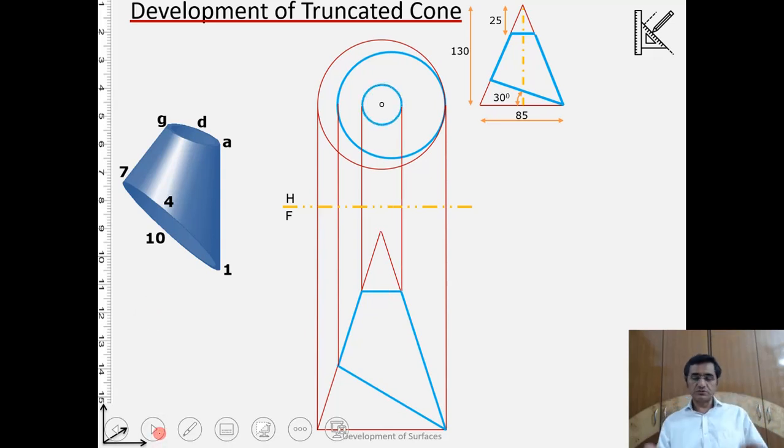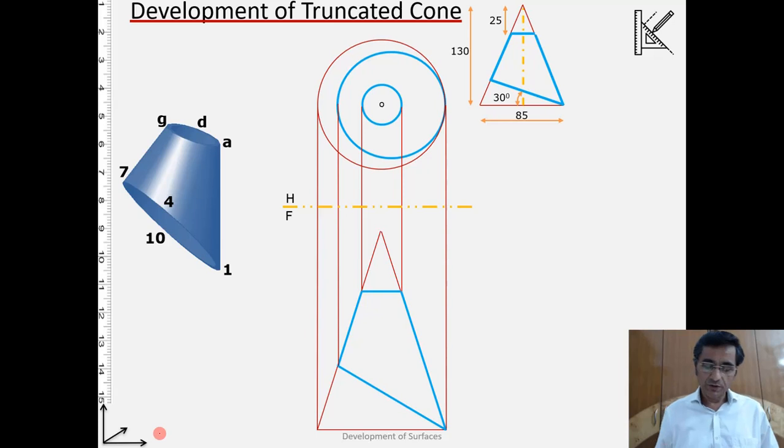So this is something which is given to us, and what we have to do is the development using the given horizontal and frontal view, so that on folding the developed surface we can create this object. Okay, how to proceed with this?